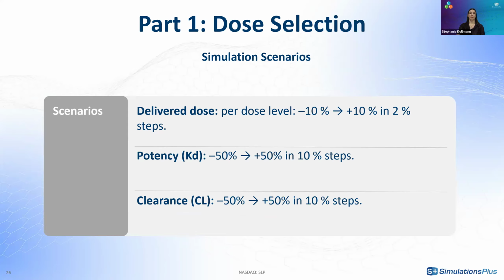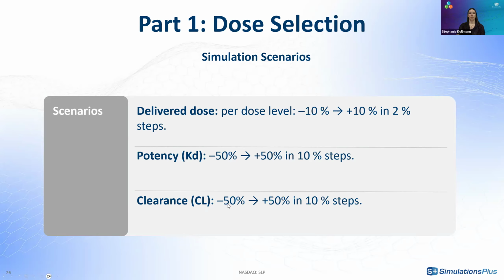For the simulation scenarios, we systematically varied 3 parameters to mimic realistic sources of differences. First, the delivered dose was modified from -10% to +10% in 2% increments, simulating potential variability in device performance for formulation delivery.